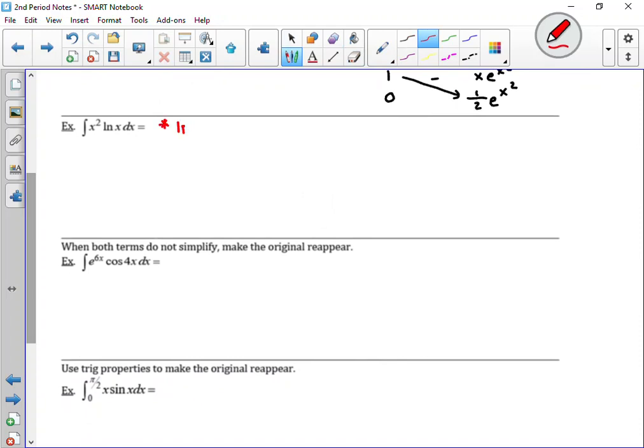If you don't know the integral, it does exist, but you must make that part u. So if you don't know the integral, you have to make that part u.